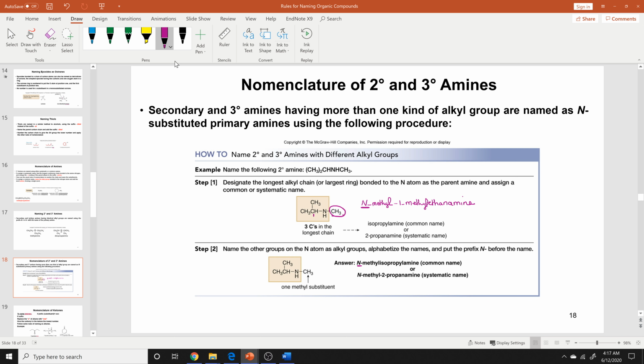Now on the other side, it's going to have more carbon, so it's going to be the parent name, so the ending is going to be in A and E. And on carbon number 1, I have a methyl. So see how I started with carbon number 1 here and not there? Because this is the carbon that is connected to the nitrogen. So that is the one that I need to start with when I name. And it's going to be 1-methyl, and it's going to be an ethane, and then stick the word amine in there.